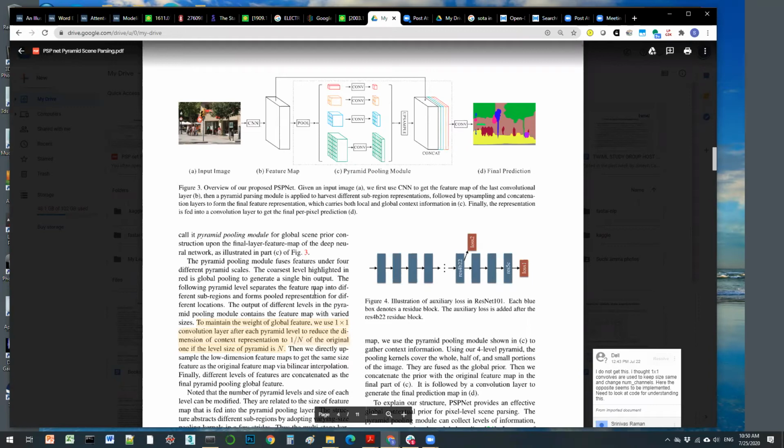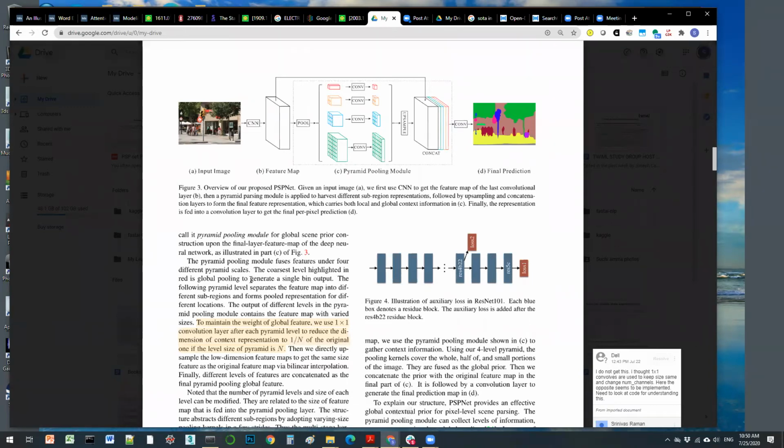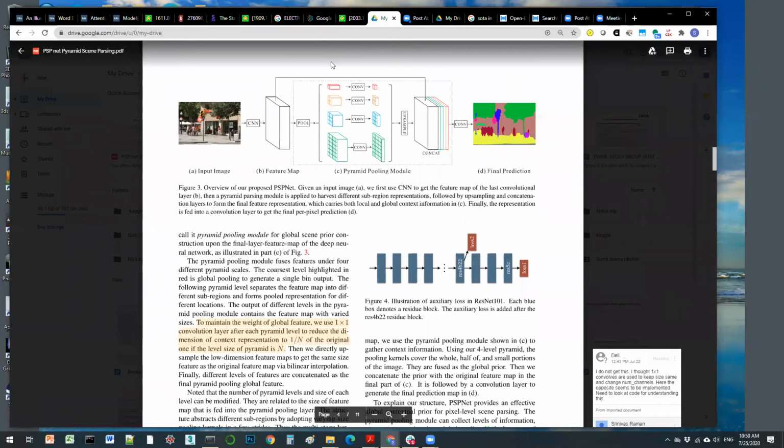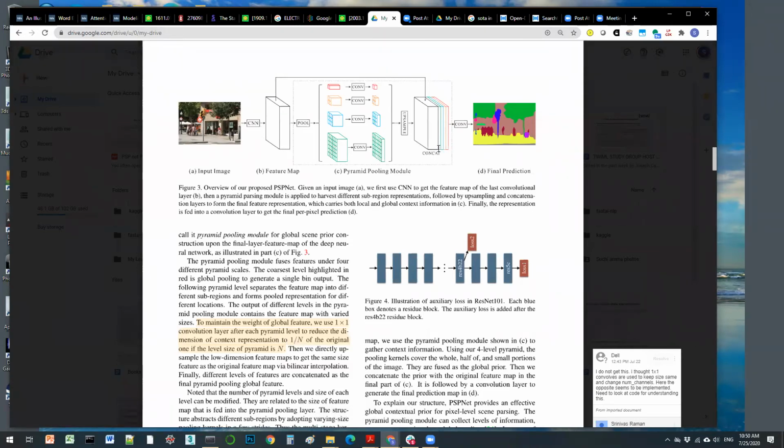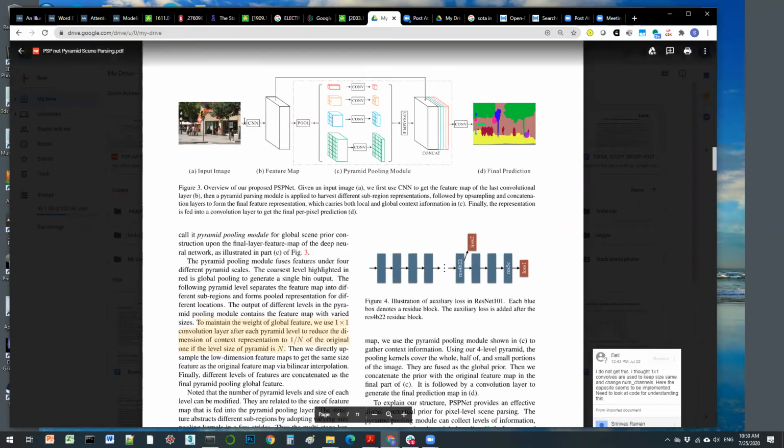Is that the right word I'm looking for? Into different subregions, and forms pool for different locations. So if you have 4 subregions, which means the number of pooling that you're doing is 4, then you divide 2048 by 4 to get how much depth you want in each of these channels, so that when you concatenate them one after the other here, you get back the number of channels that you had in the original image.